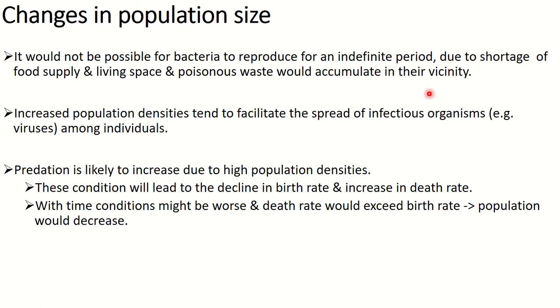These conditions will lead to a decline in the birth rate and an increase in the death rate. With time, conditions might get worse, death rates would exceed birth rates, and the population sizes would start to decrease. There's usually a relationship, we call it a correlation, between predators and prey, where the density of the prey population starts to increase, and as the prey population increases, so too do the predation rates.